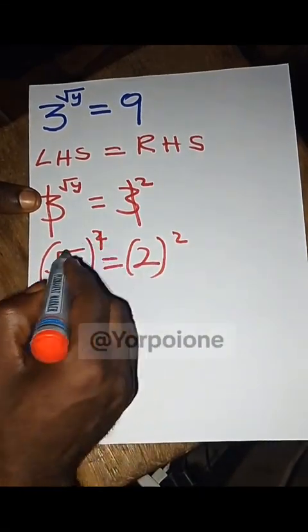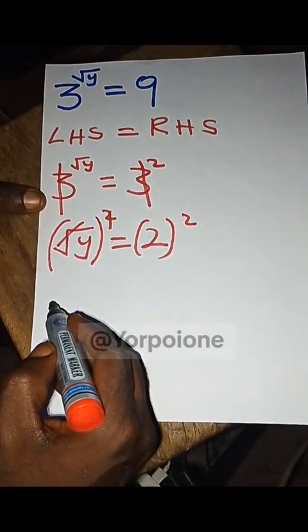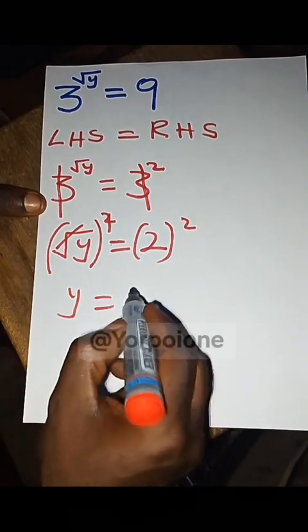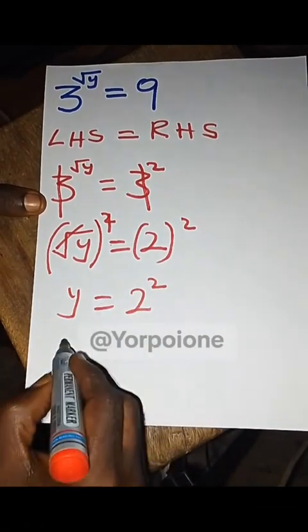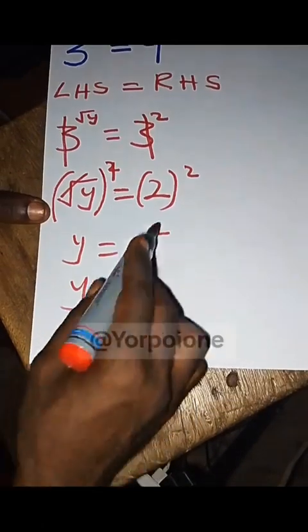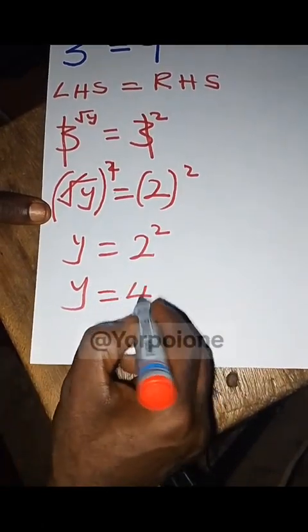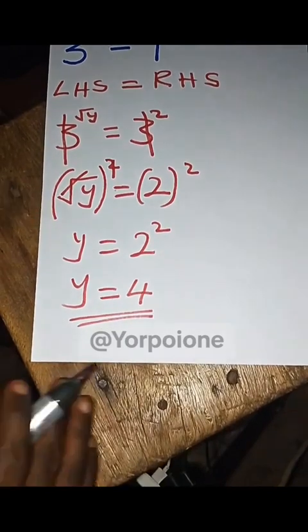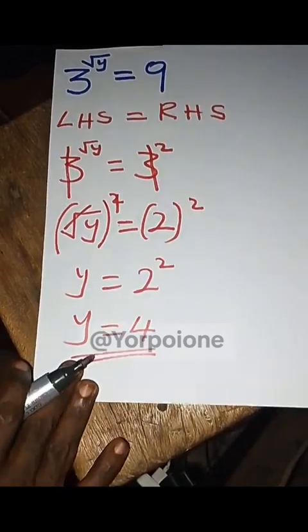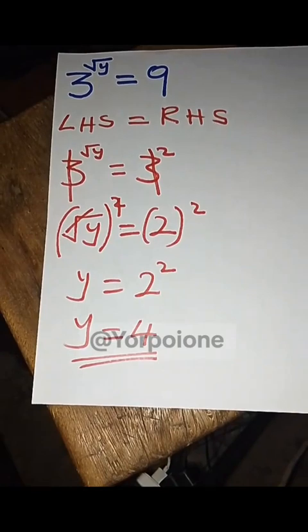So the square cancels the square root, and it remains y is equal to 2 to the power 2, which is 2 times 2, giving us 4. So the value of y is 4. That is the answer.